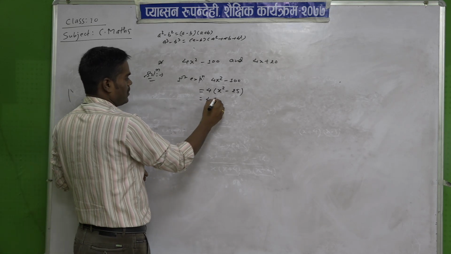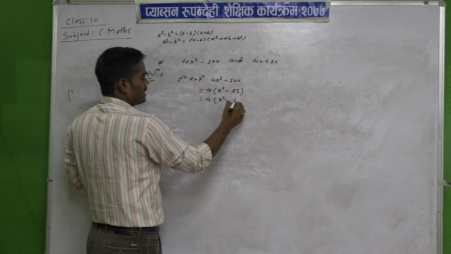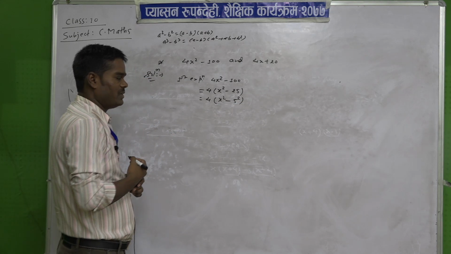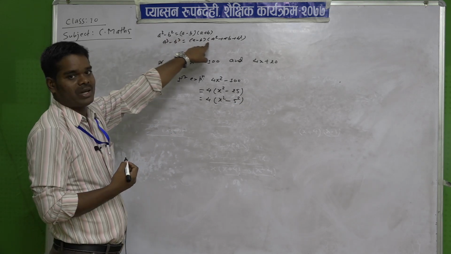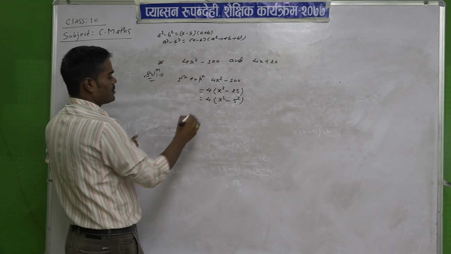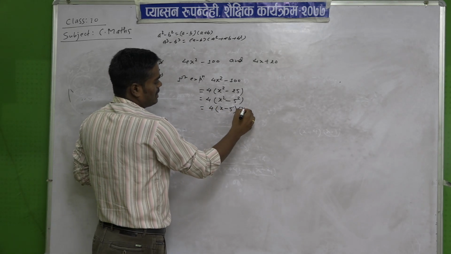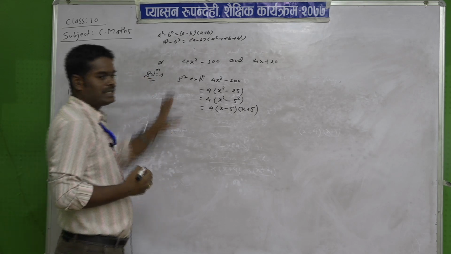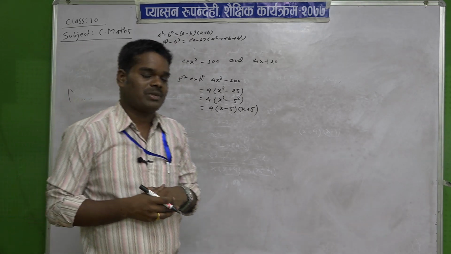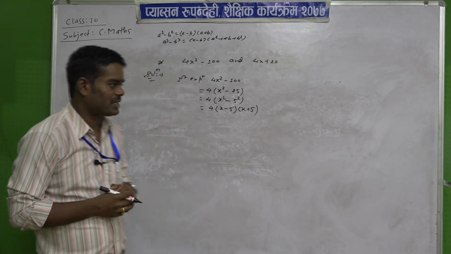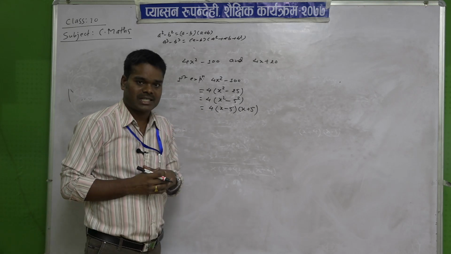Again, 4 x square we can write, the square of 5 is 25. Now, use the formula a square minus b square. a square minus b square means a minus b, a plus b. These are the factors of the first expression.